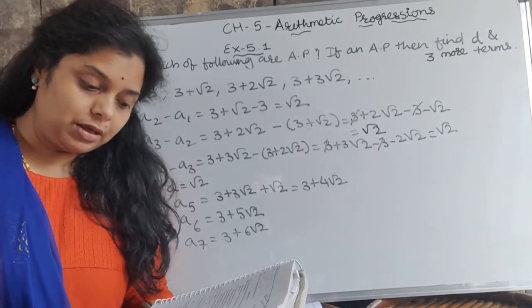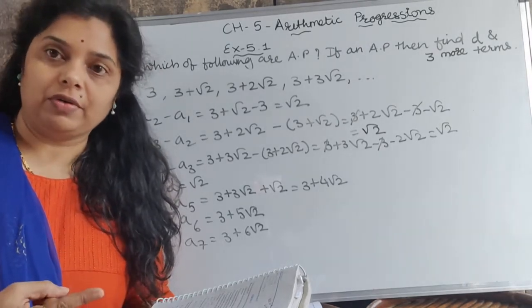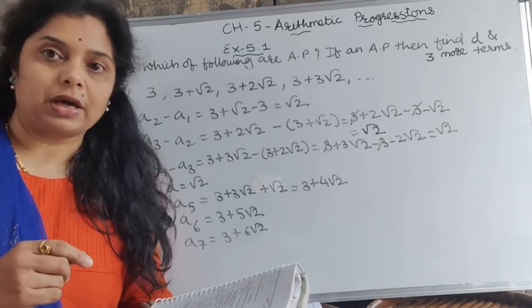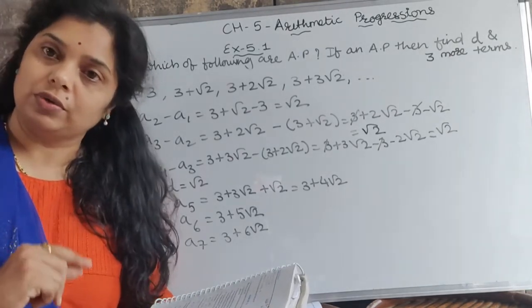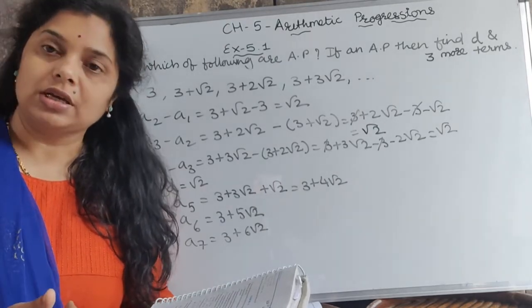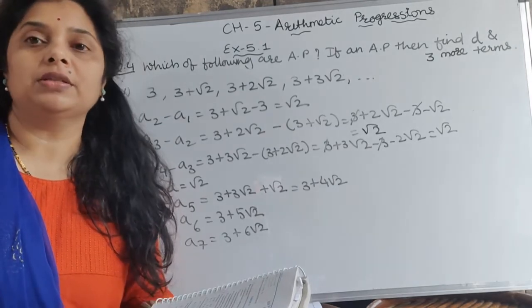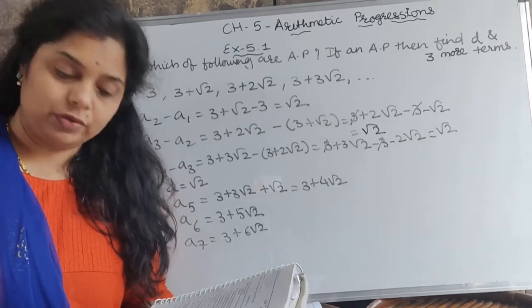For example, here A4 is 2. To get A5, we have to add 4, the common difference. So A4 plus 4, 2 plus 4 is equal to 6. So A5 is equal to 6. Similarly, A6 is equal to 10 and A7 is equal to 14. Like that you can do the fourth one yourself.